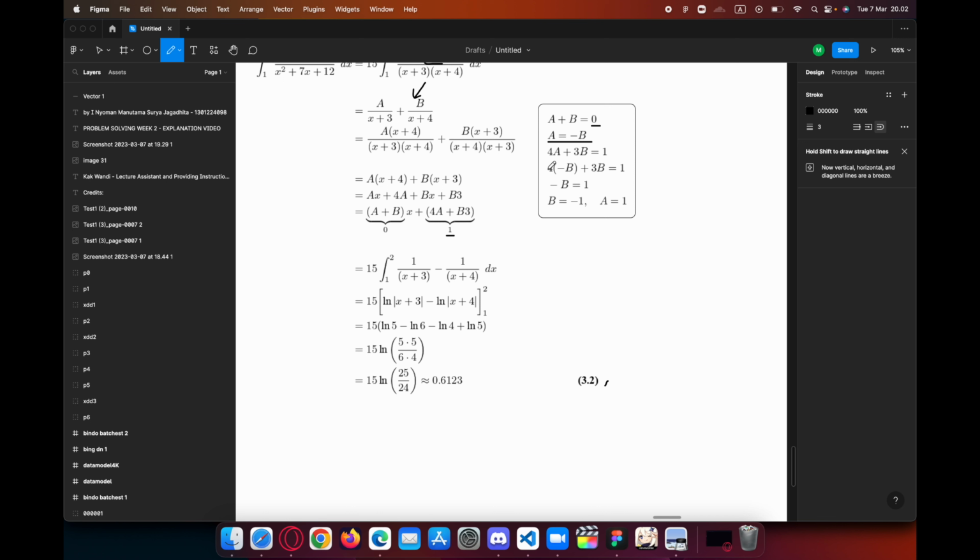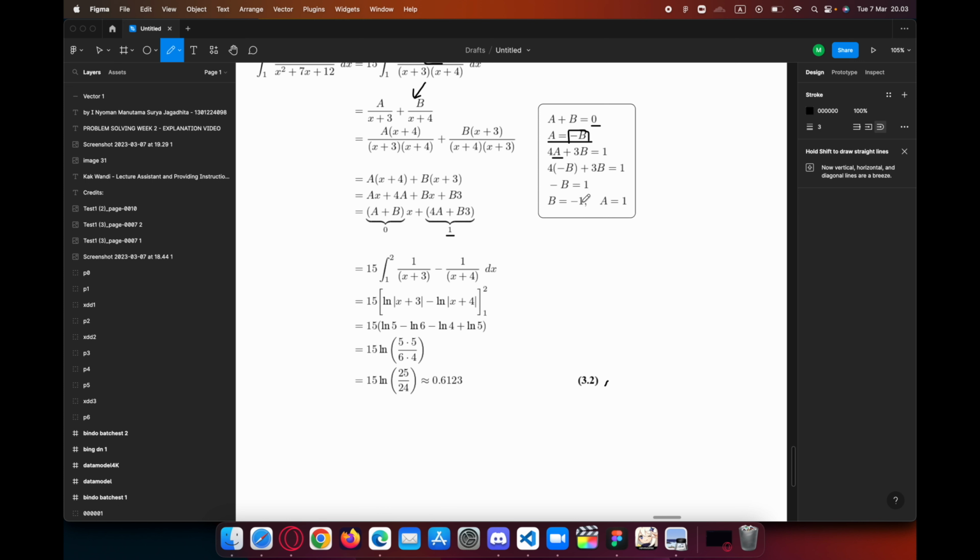Next, 4 times minus b plus 3b is equal to 1. So we substitute this with this. So minus 4b plus 3b is minus b, equal to 1. So b is equal to minus 1. If minus b is a, so b is minus a.